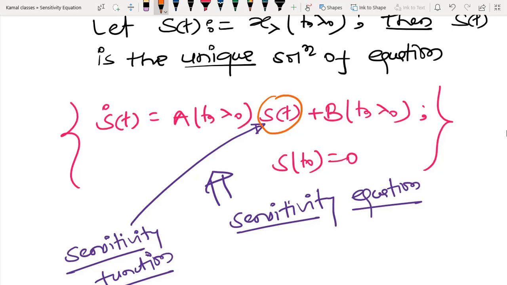Try to understand: I am saying partial derivative of the solution with respect to lambda at lambda 0. So somehow we are going to see the variation of the solution about lambda 0.